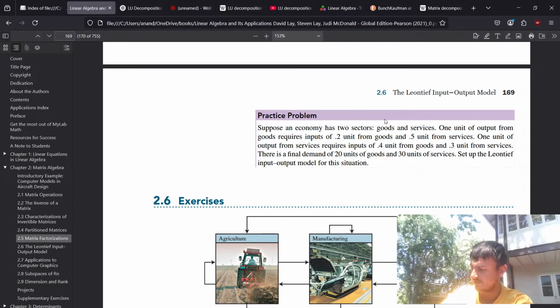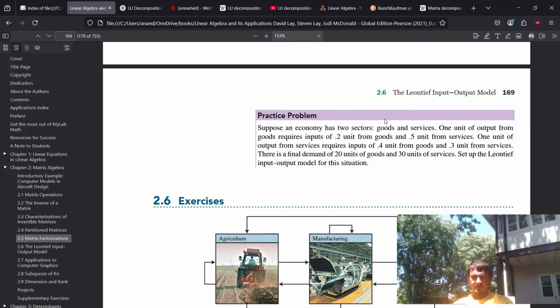So the consumption matrix is: 1 unit of output from goods requires 0.2 units of goods and 0.5 units of services. On the other hand, services is 0.4 and 0.3. The final demand is 20, 30.